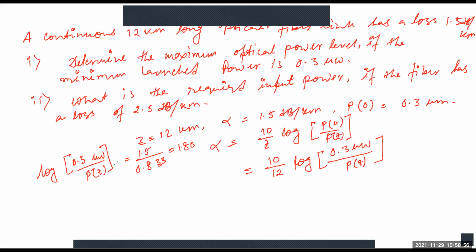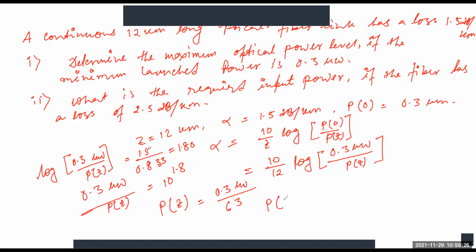From this step, the next step is 0.3 mu watt by Pz equals 10 to the power 1.8. Pz equals 0.3 mu watt divided by 63.